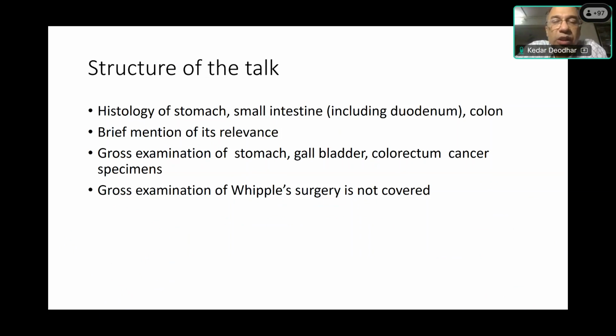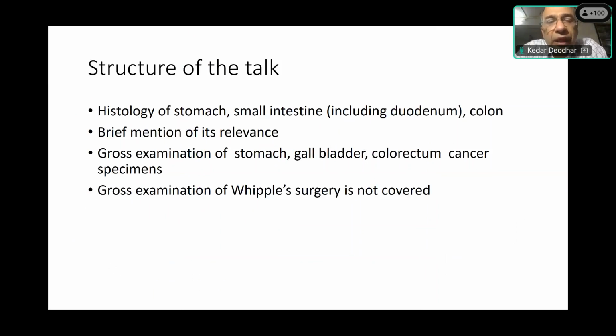Then we look at gross examination of stomach, gallbladder, colorectum. I'll spend a little more time on colorectum because those are relatively common specimens for us, and we won't be covering Whipple's surgery today. I also am not covering Barrett's esophagus because I'm sure this will be taken by one of the experts later on in the talk.